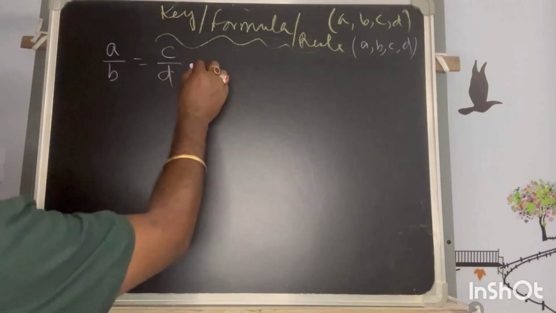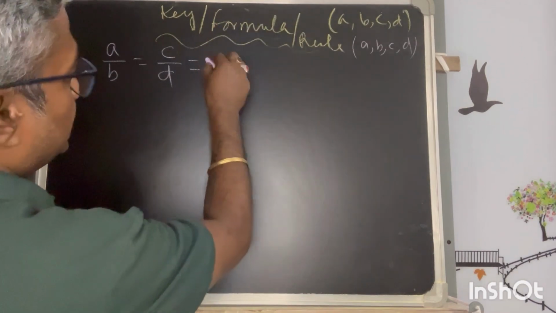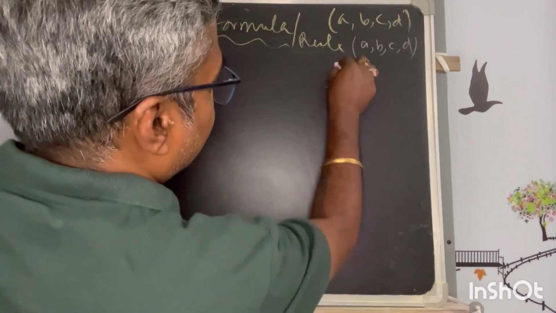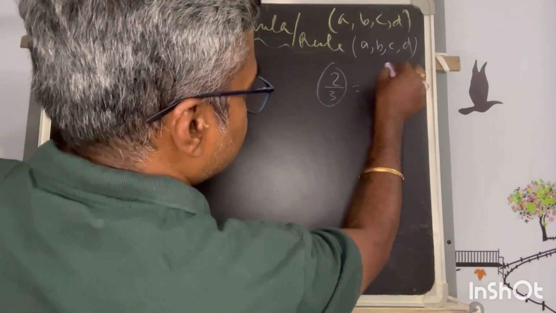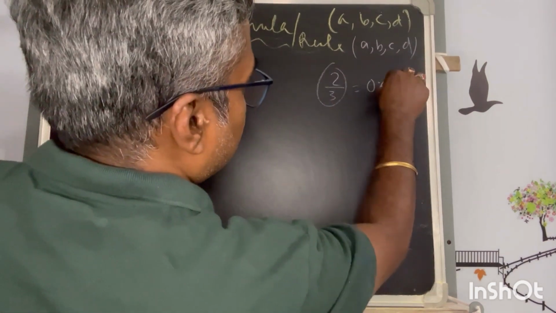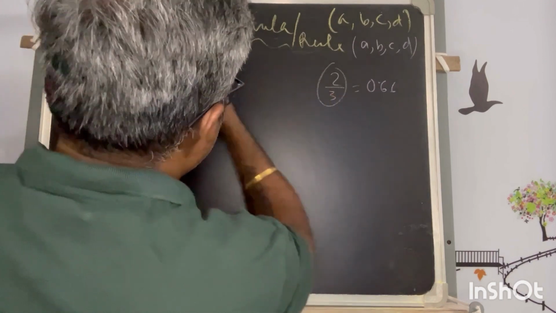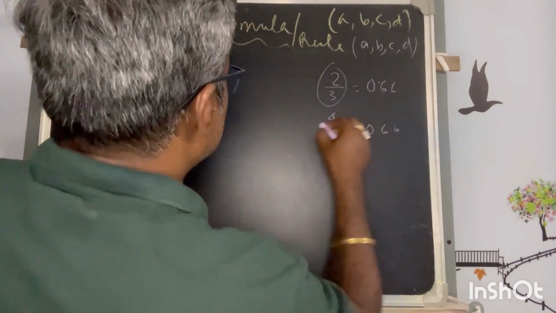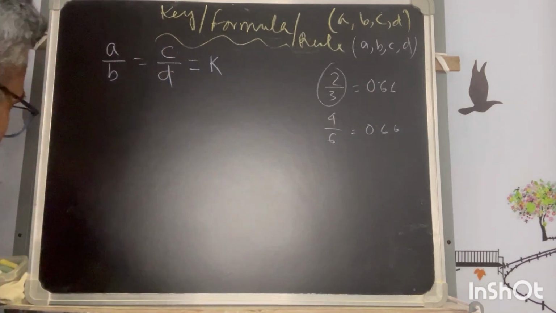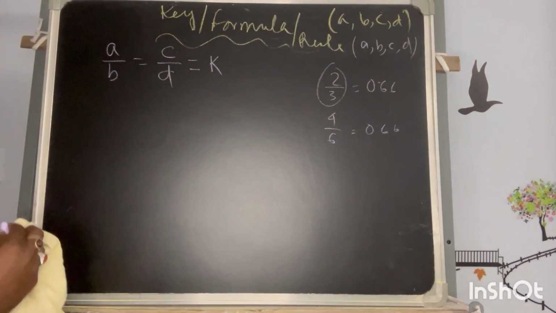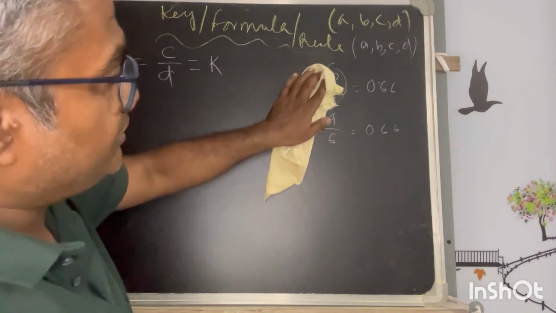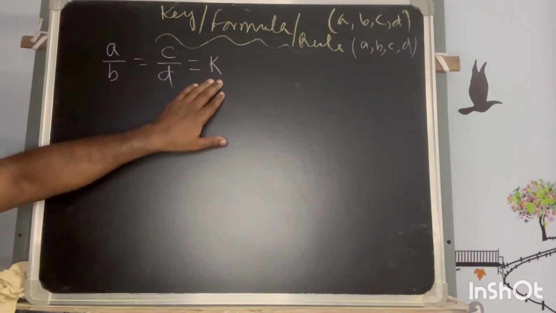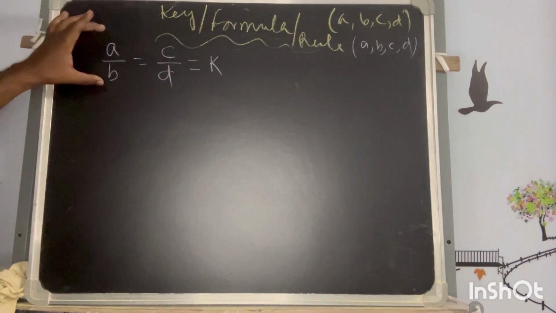So we can take, as I already said earlier, this as a constant, because whatever value, let's say 2 by 3, can be converted into some decimal, 0.66, and C by D also can be converted into some decimal. So let it be K. I am not very interested in the specific value of that decimal; rather, I can describe it as some constant K that would be the same for these ratios.